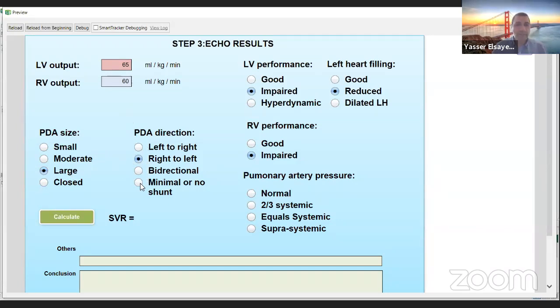And once you collect everything, you can calculate systemic vascular resistance, which in this case, I think now we understand more, this infant is behaving like category number 2, because the systolic blood pressure was normal, and you have severe high systemic vascular resistance.